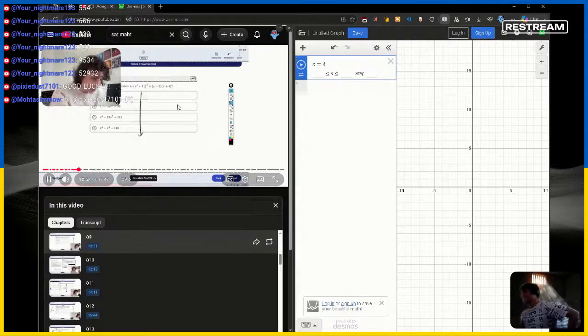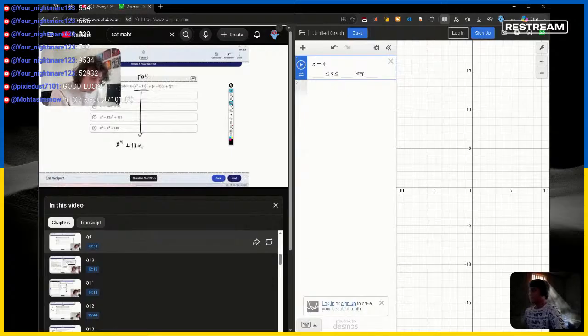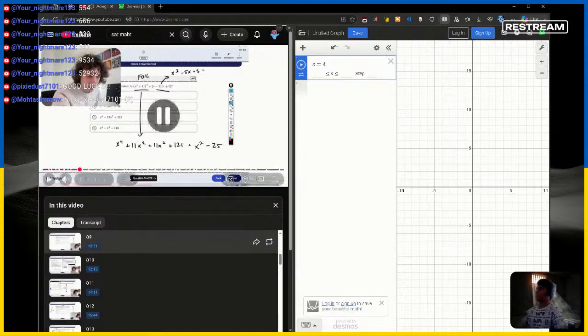So let's do exactly that. If we square this, think about using FOIL. Our first 2 terms give x to the 4th, our outer terms 11x squared, inner terms 11x squared, last 121. Then we use FOIL again on this one, which is a difference of squares, so technically this is x squared minus 5 times x squared plus 5.